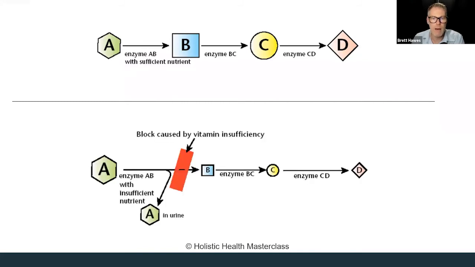And so anytime we have a vitamin insufficiency, sometimes we can have certain infections, for example, that will block the conversion of A to B. What will happen is lots of A, which is the organic acid, is going to show up in the urine, and we can then say to what degree is that person deficient, and we can sort of proceed from there.